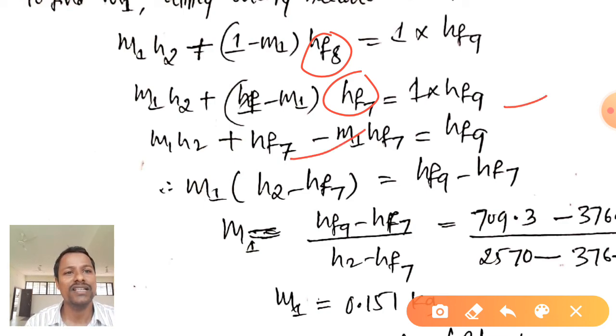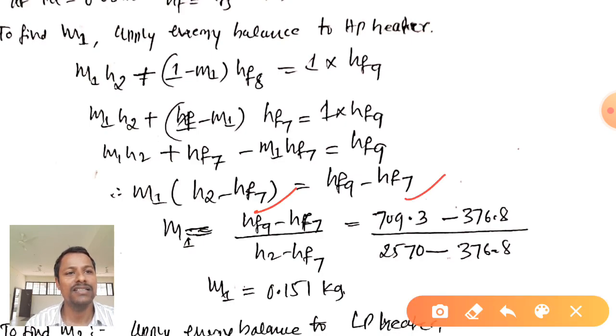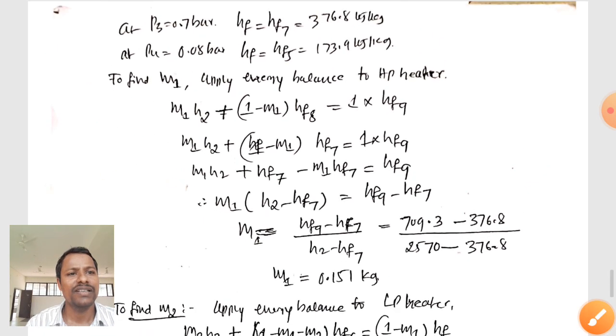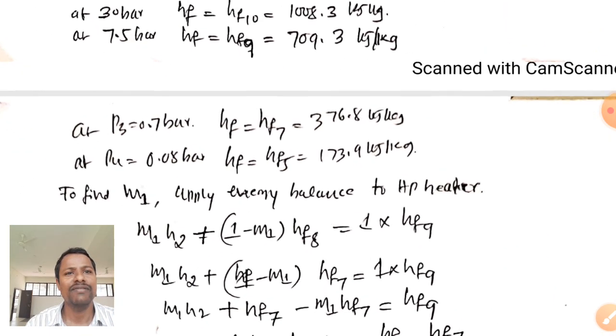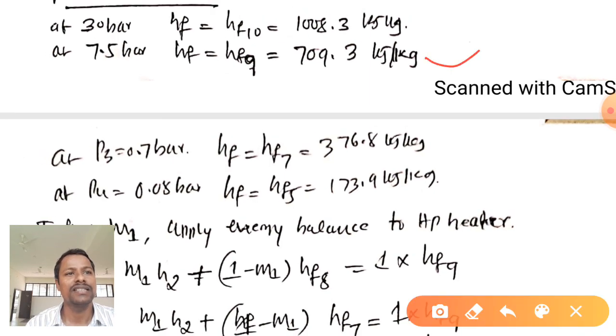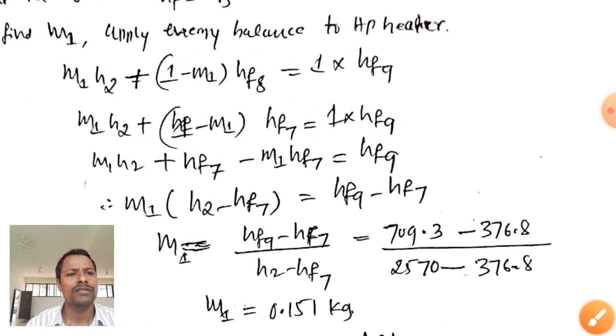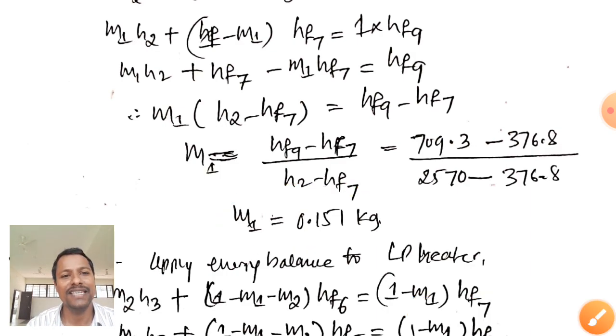After simplification I get the expression for m1, and I substitute the values of HF9 and HF7, which are known to us from the data we have already noted down. After substituting these values, we calculate m1 as 0.151 kg.